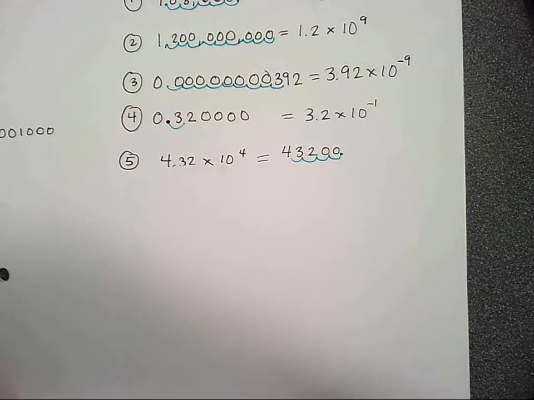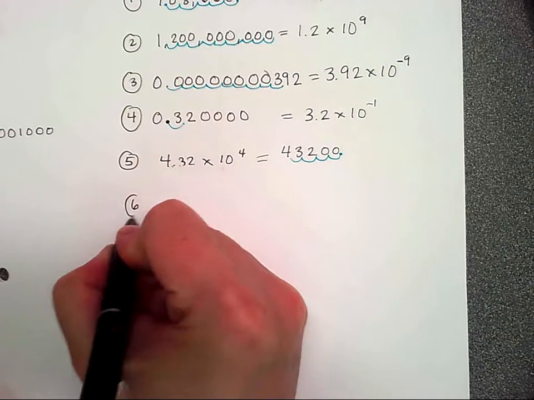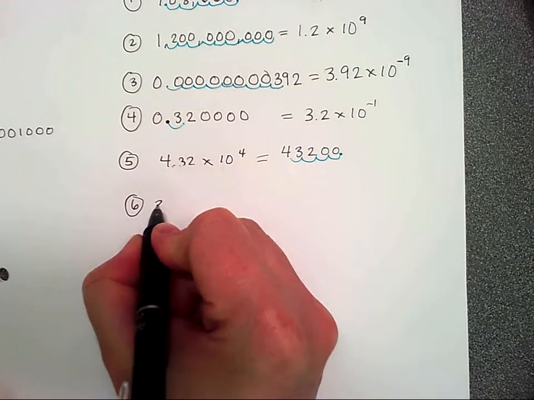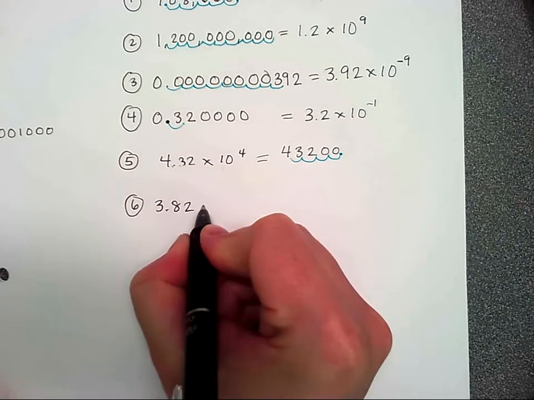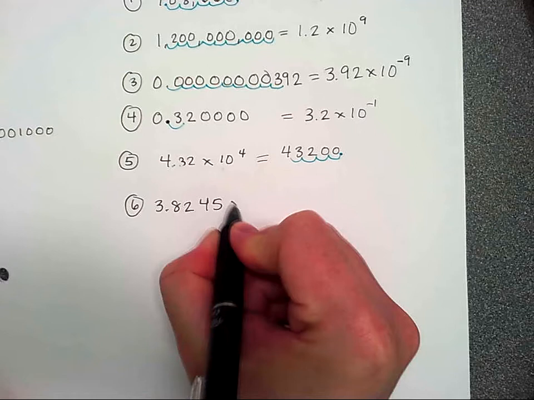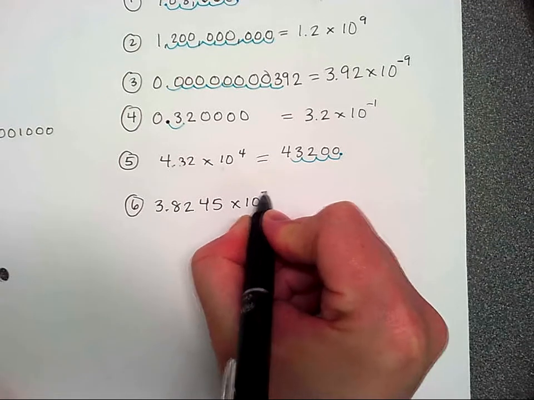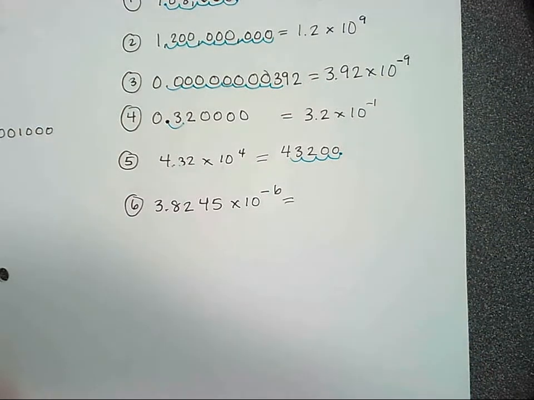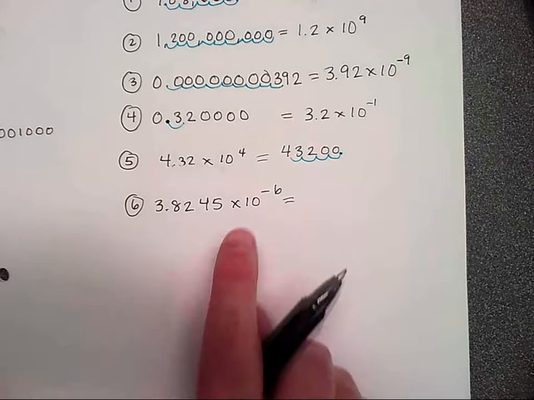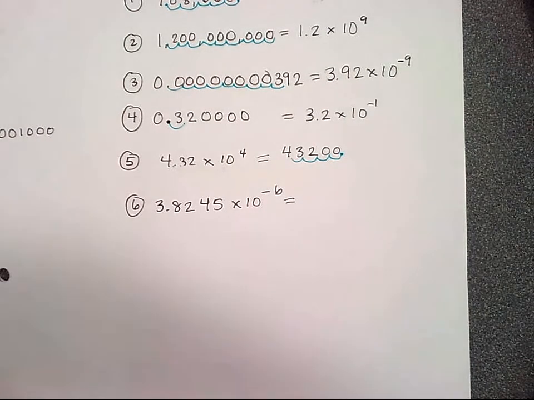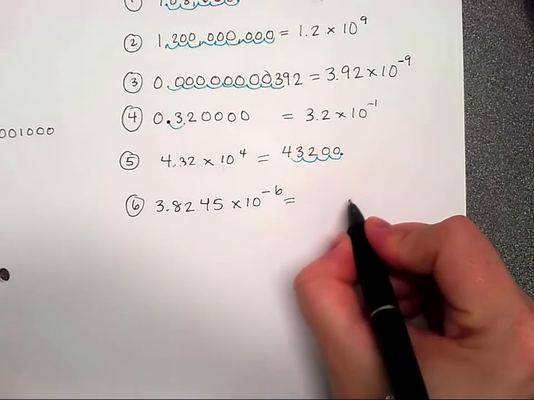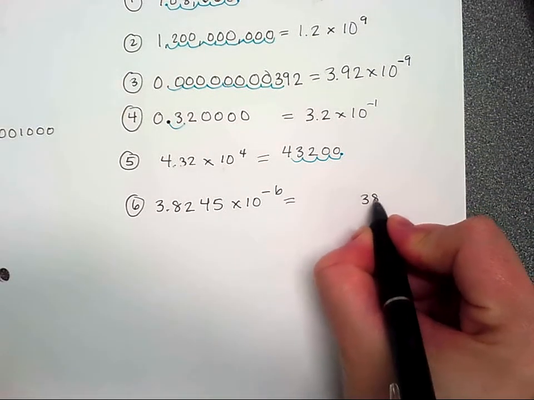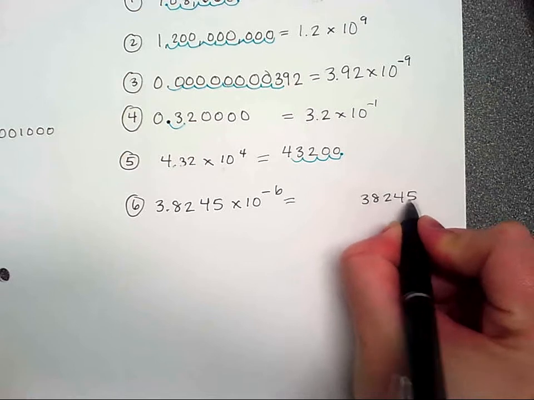All right, let's do one more then. So I have a negative exponent. I'm moving my decimal place to the left, right? So I'm going to put 3, 8, 2, 4, 5.